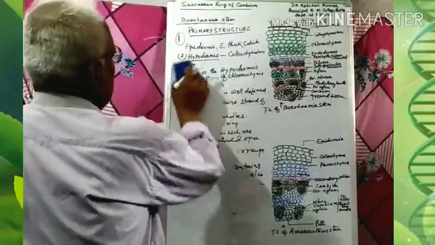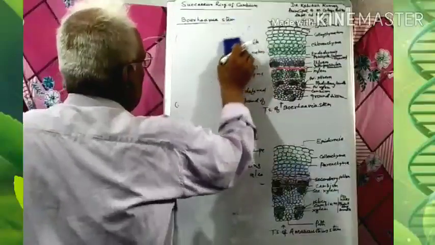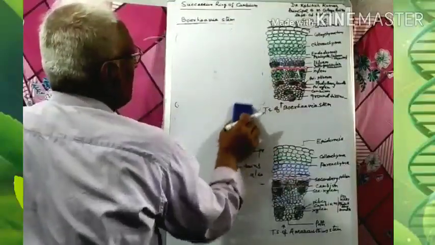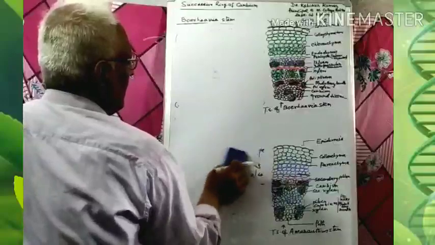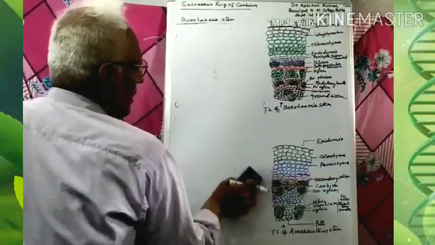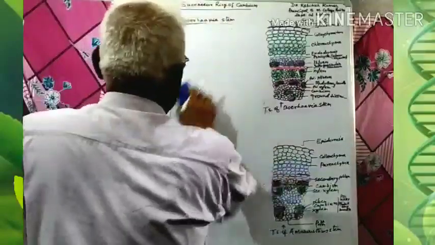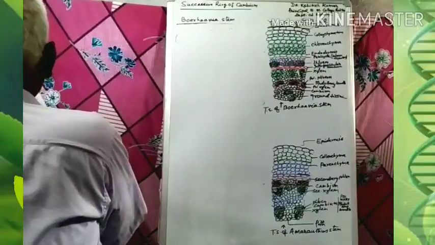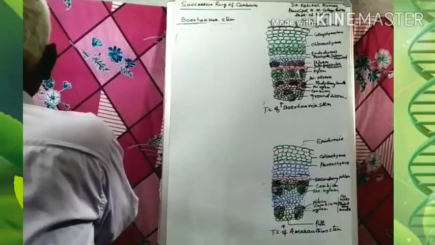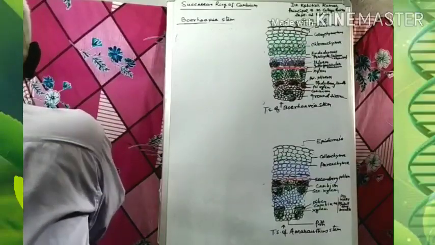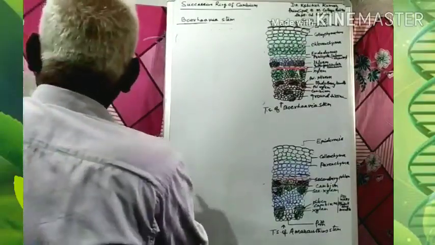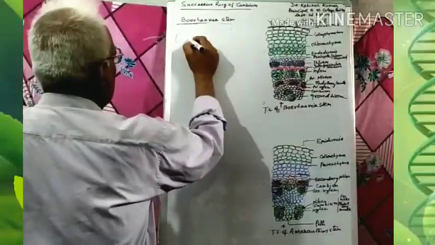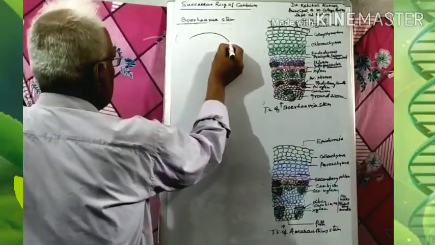The secondary structure. Now see the secondary structure. First of all, let us draw the topographical structure of the Boerhaavia stem, TS of Boerhaavia stem.